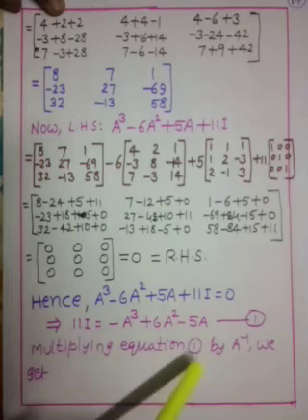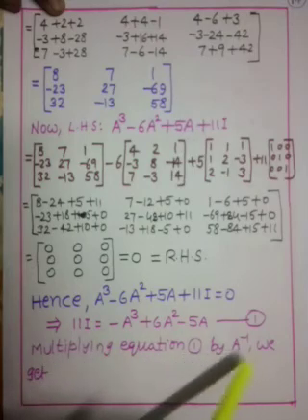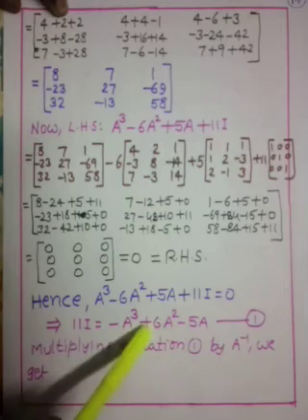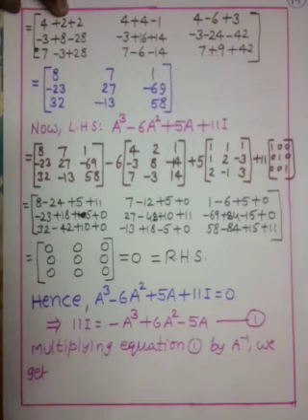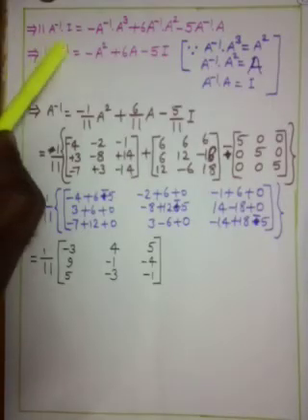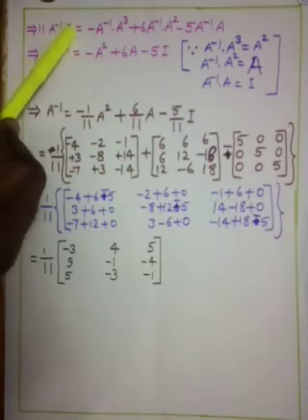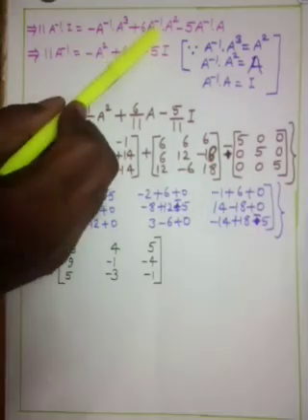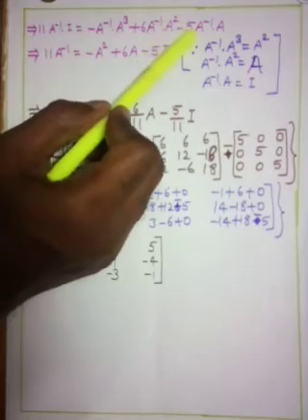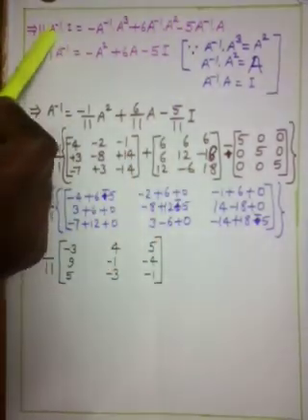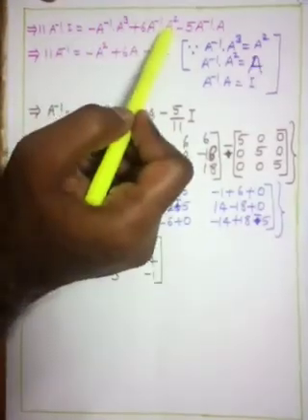Now multiplying equation 1 by A inverse, we get, now we are multiplying this equation 1 by A inverse. Then we get, this implies 11 A inverse into I is equal to minus A inverse into A cube plus 6 A inverse into A square minus 5 A inverse into A. We multiplied the equation 1 by A inverse, then we get this equation.